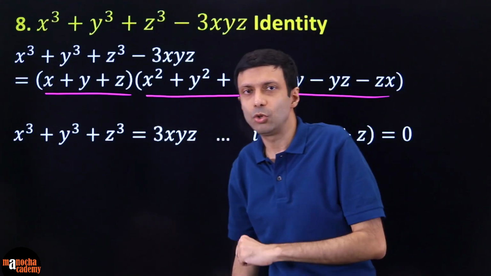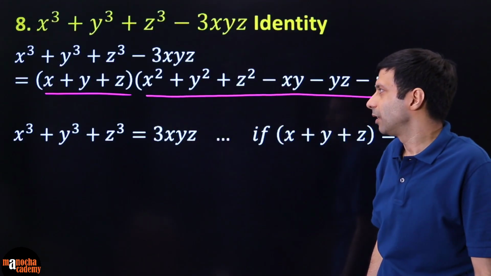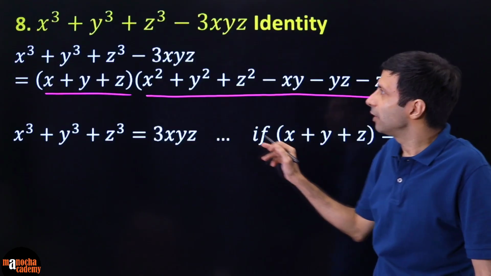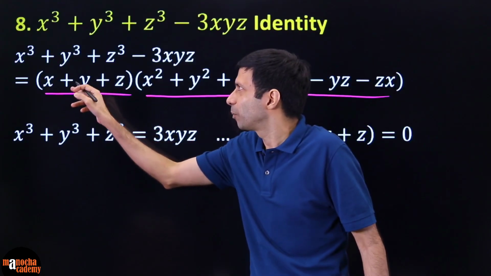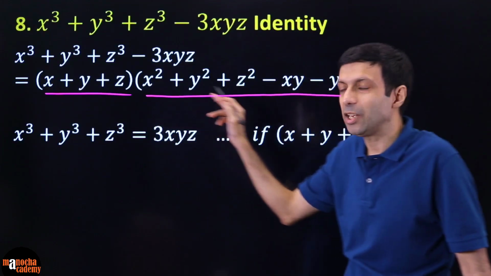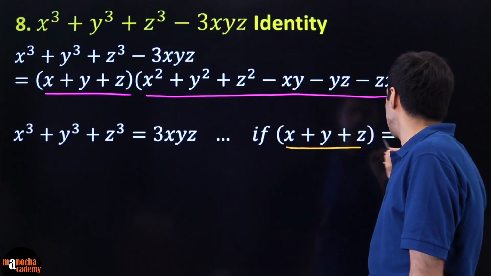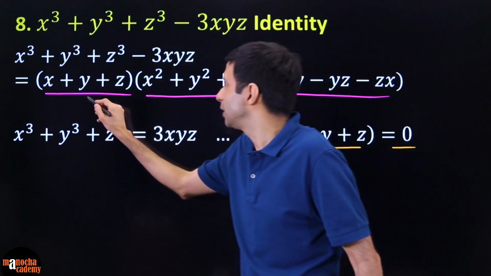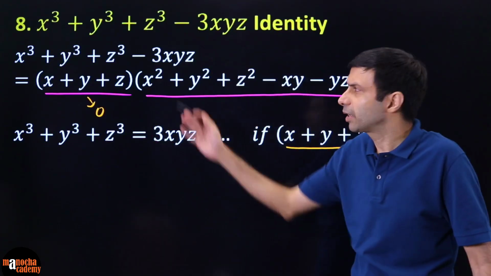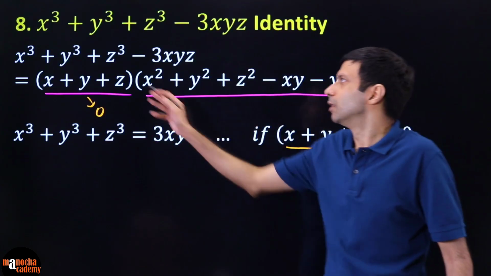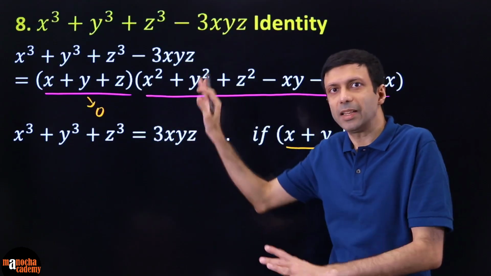Now one very useful thing about this is if the first product, x plus y plus z, equals 0. Look at this. If x plus y plus z is equal to 0, then what can I say about the right hand side? 0 times this bracket means the entire thing is 0.